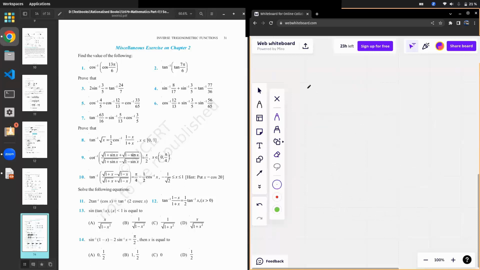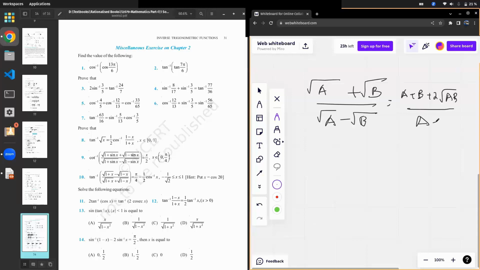So assume 1 plus sin x as some a and 1 minus sin x as b. If we multiply both the numerator and denominator with the numerator, this will become a plus b plus 2 root ab divided by a minus b.